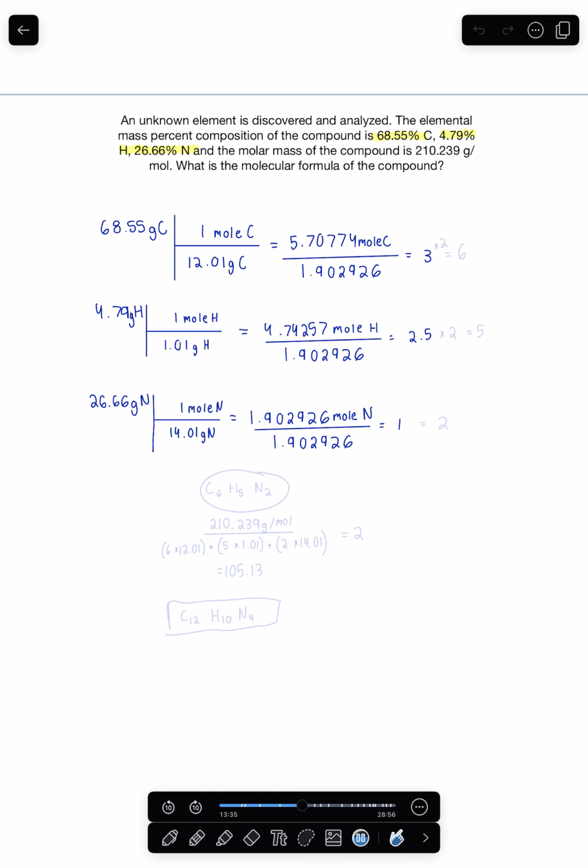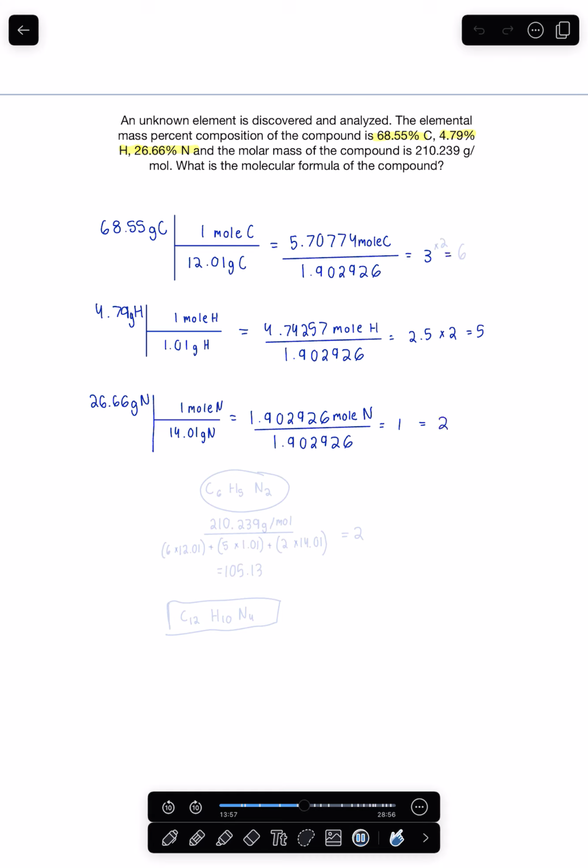So the 3 and the 1 are great, but unfortunately, we need all of these to be whole numbers. So we're going to go ahead and multiply each by 2 so that this 2.5 can become a 5. This 1 will become a 2.